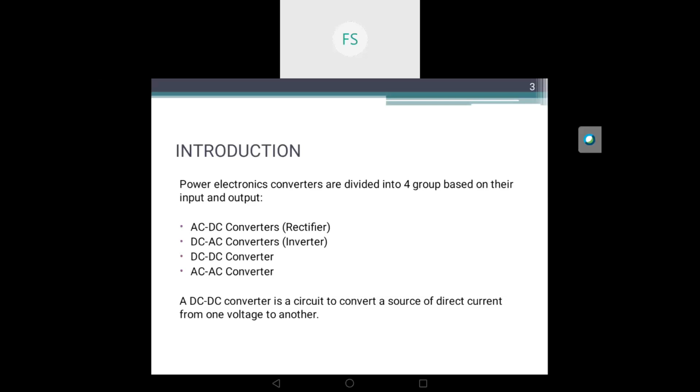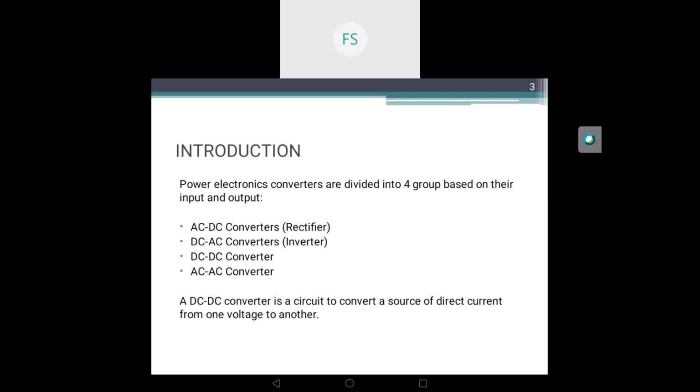The second is DC to AC converters, which we usually call inverters. The third is DC to DC converter. And the fourth is AC to AC converter. Today we are going to concentrate on DC to DC converters. DC to DC converters convert a voltage level to another with high efficiency.